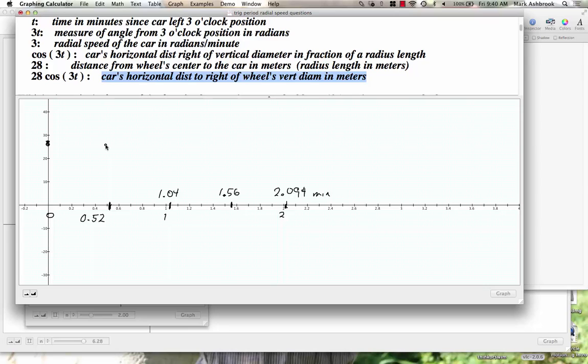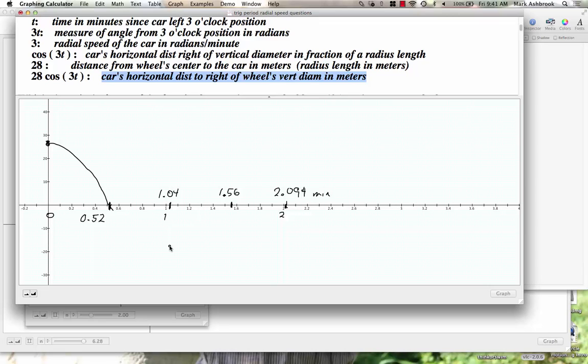And what happens in that first quarter cycle? It goes from 28 meters to the top of the circle. Alex, at the top of the circle, horizontal distance is what? 0. So what will the graph look like? Start here and go straight like this, a straight line? Remember, we worked that out a week or so ago, why it's concave down, right?